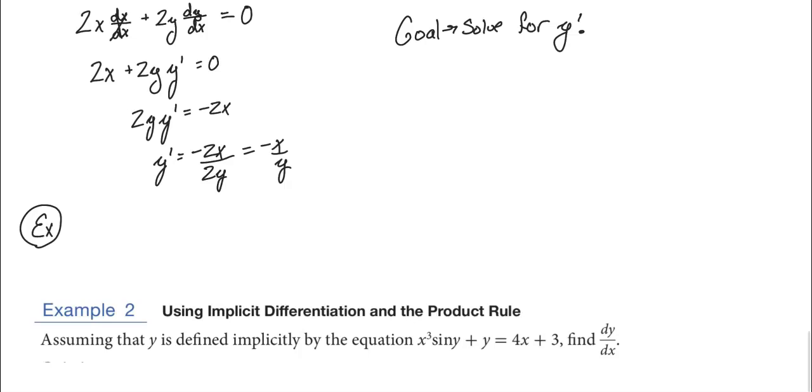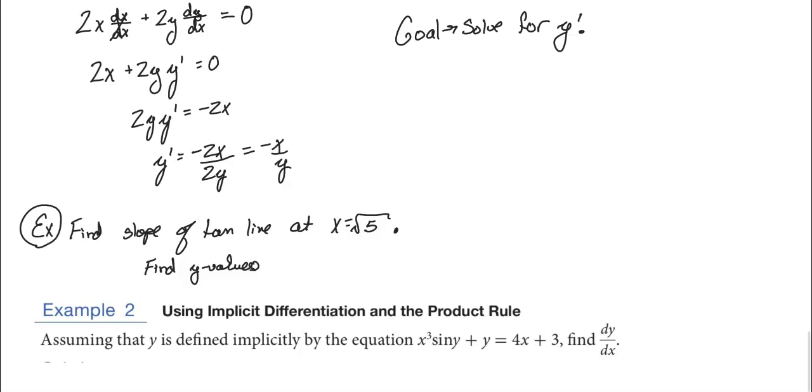So let's add a part b to this. Let's say we want to find the slope of the tangent line at the point x equals square root of 5. So we're going to need to find y values. We know x squared plus y squared is equal to 25.